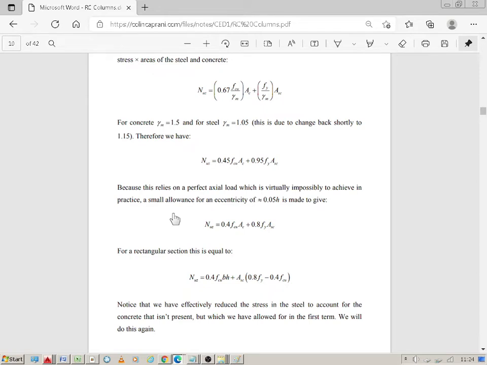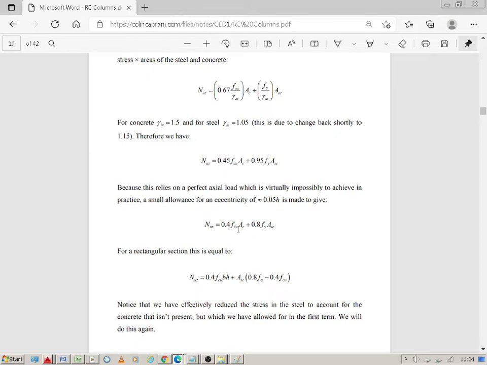Because this relies on a perfect axial load, which is virtually impossible to achieve in practice, a small allowance for an eccentricity of approximately 0.05h is made to give an ultimate resistance of N equals 0.4 f_cu A_c plus 0.8 f_y A_sc.